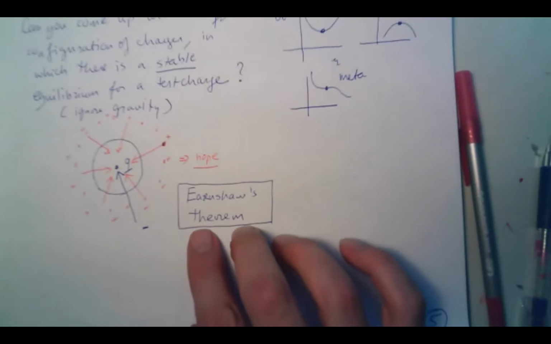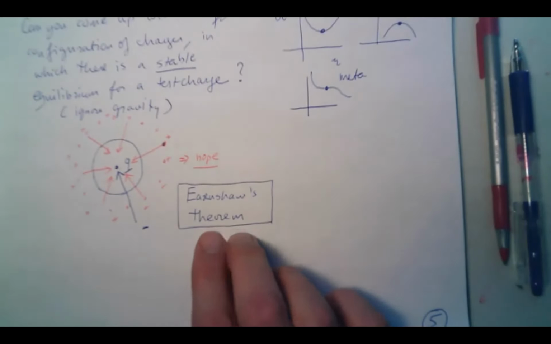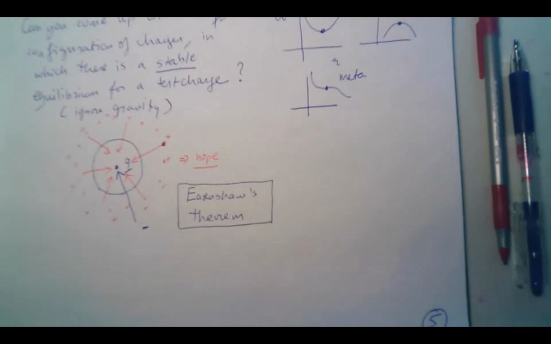It's a very generalized theorem; it doesn't just apply to electrostatics, it also applies to gravity, and it applies to magnetism, with one caveat. And that is that when it comes to magnetism, Earnshaw's theorem doesn't always work. And there's a very famous example for this exception to this rule.